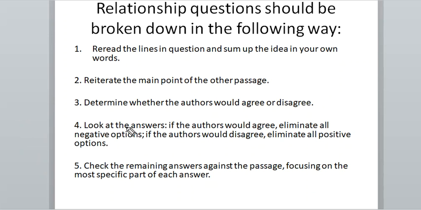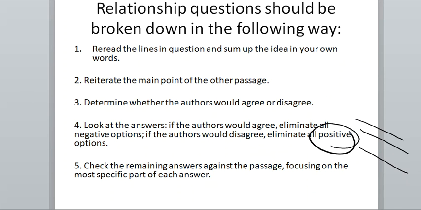So we look at the negative options, okay, and we exclude the positive ones, and vice versa, the opposite is actually correct. So if the author is a proponent, like he is an advocate or a supporter of a certain idea, supporting an idea requires positivity, so most probably the answers should be positive as well.